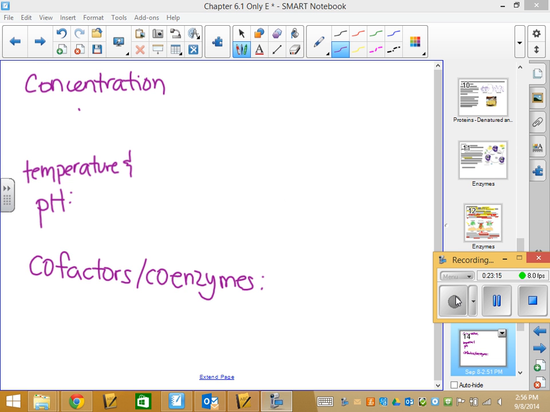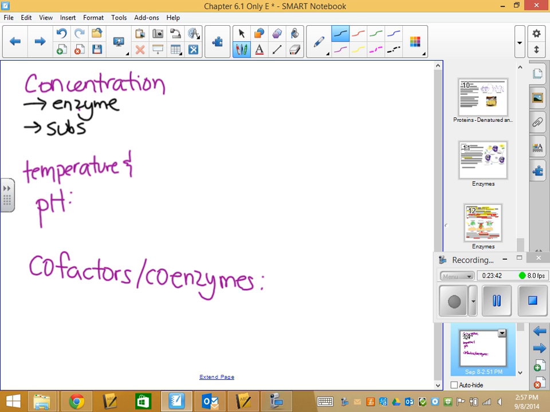So I wrote up here on the screen 3 more things besides inhibitors that could affect the function of an enzyme. Now the first thing I'll mention is concentration. And when I talk about concentration, there's actually 2 kinds of concentration that interest us. Let's think about the concentration of the enzyme and the concentration of the substrate.